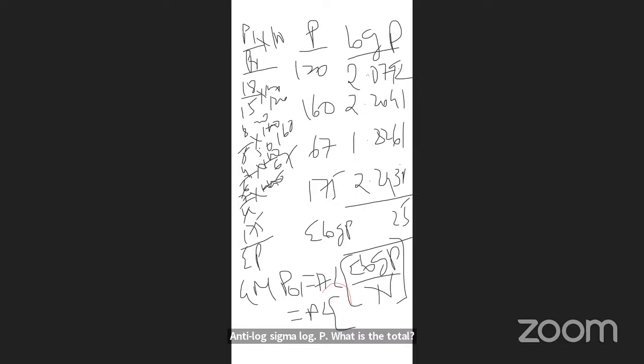Ma'am, 8.4523. 8.4523 divided by your N, which is equal to 4.